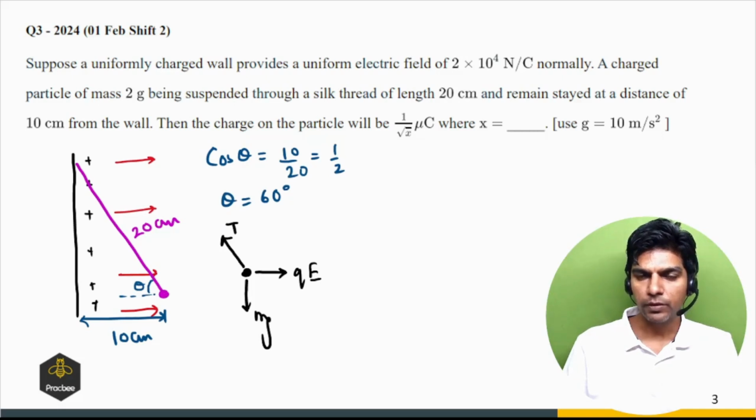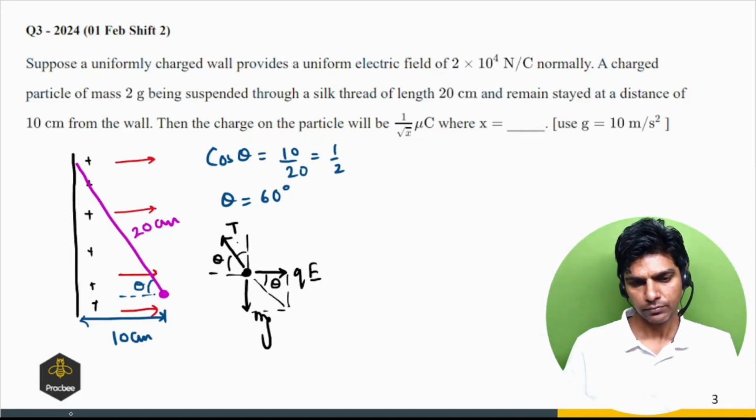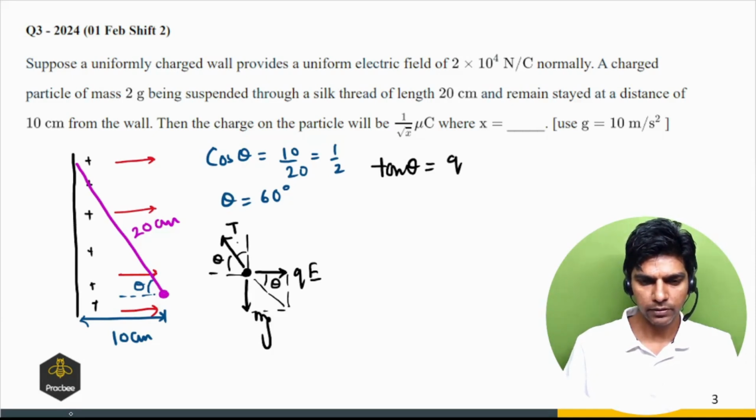Now the tension will be opposite to the resultant of mg and qE. So if I draw the resultant of these two forces, if this angle with the horizontal is theta, then this angle is also theta, right? So from this right angle triangle we can say tan theta will be mg by qE.